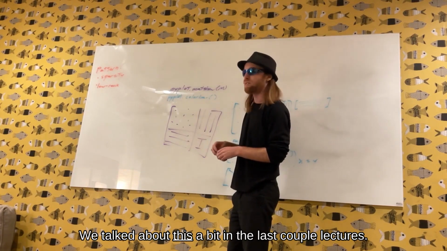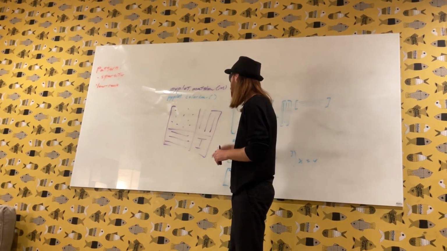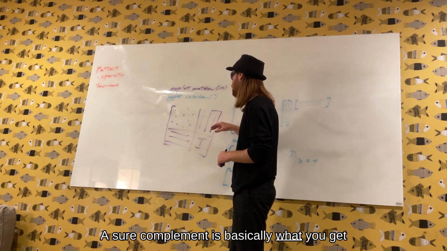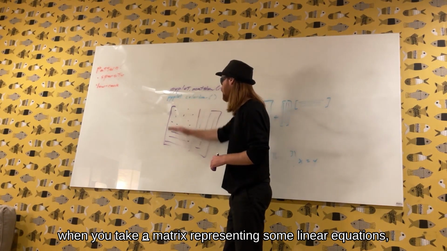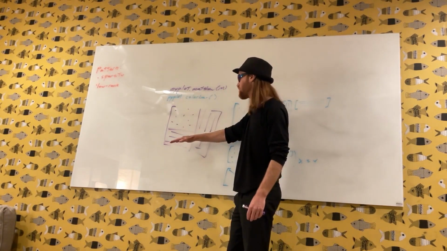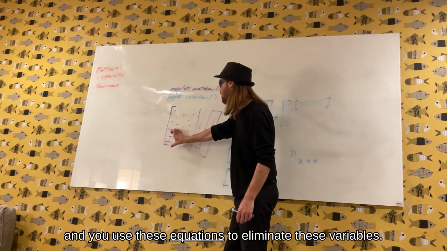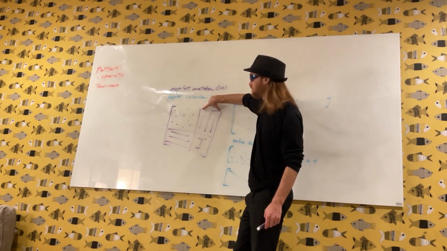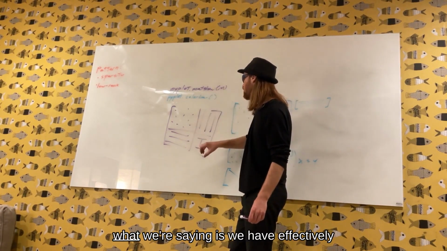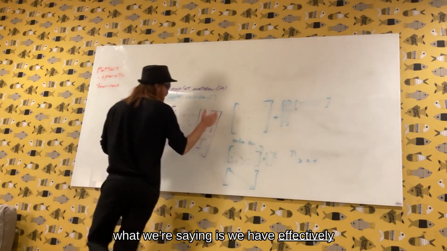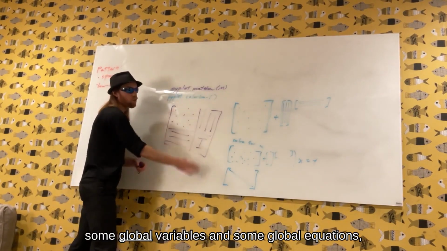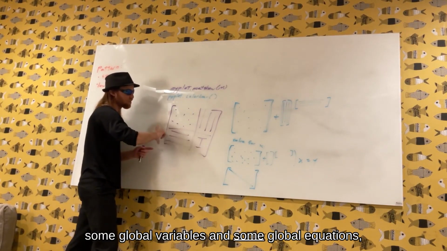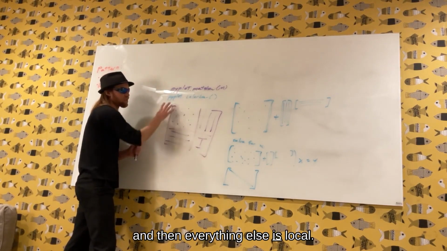We talked about this a bit in the last couple lectures. Schur complement is basically what you get when you take a matrix representing some linear equations and you use these equations to eliminate these variables. So in this case, we have effectively some global variables and some global equations, and everything else is local.